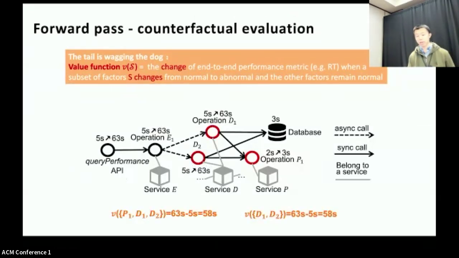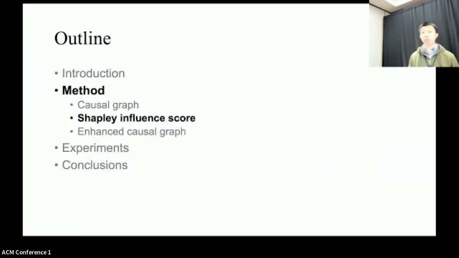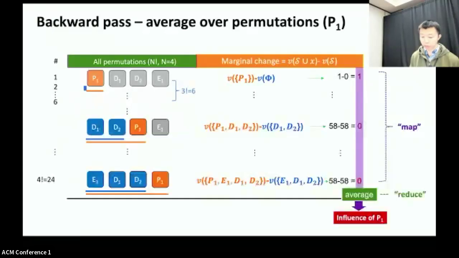And here is another example where we can have different sets to be abnormal and characterize the so-called value function. And with the value function in mind, we can do our backward pass to calculate the so-called Shapley influence score. You may have the idea that the value function defined before just characterizes what if we set something to be abnormal.